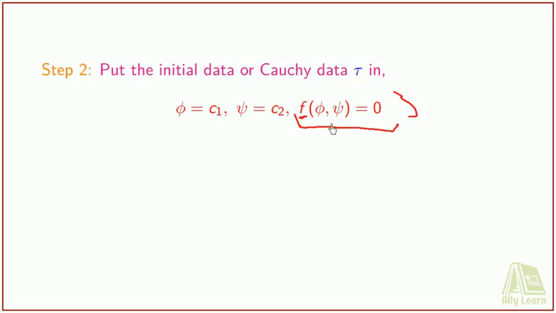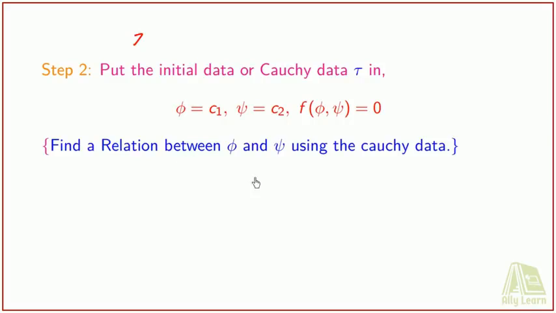So instead of this, we will be using an easier approach, that is, we will be using this expression to get a relation between C1 and C2 and hence connect phi and psi by a relation, and that relation will be the solution to the Cauchy problem.